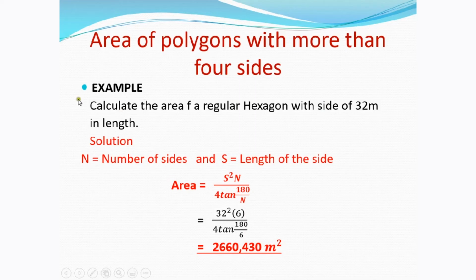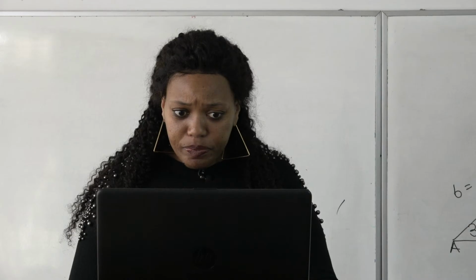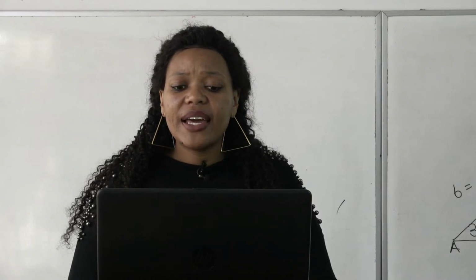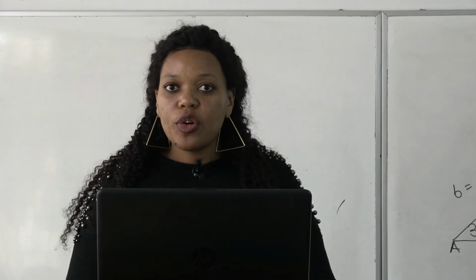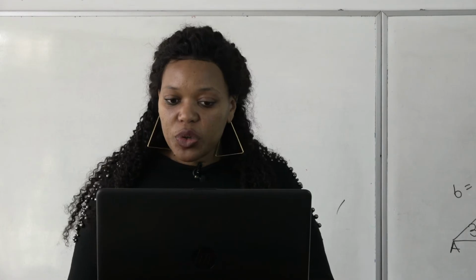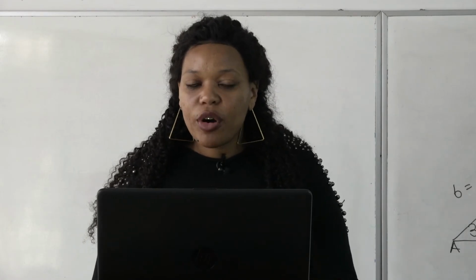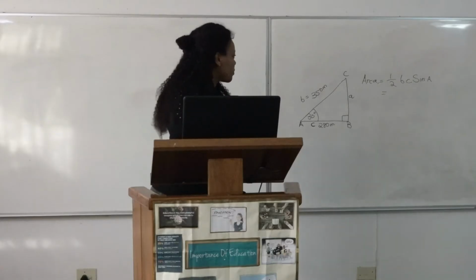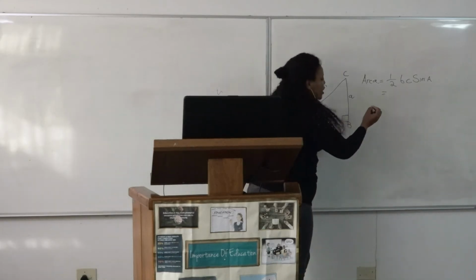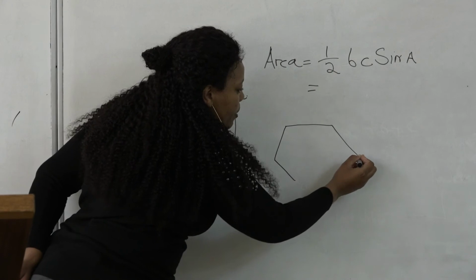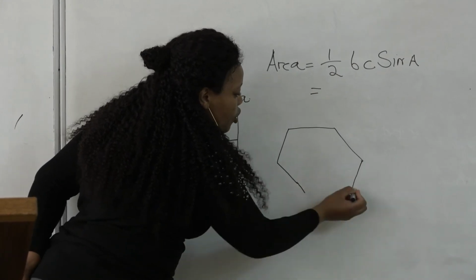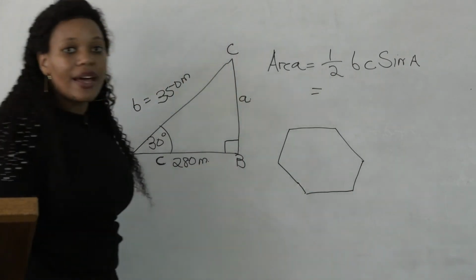We were told that we are required to calculate the regular hexagon. The first thing that you need to know is the shape of your hexagon. First you draw the rough sketch of your hexagon here. Remember, there are no marks for the rough sketch.